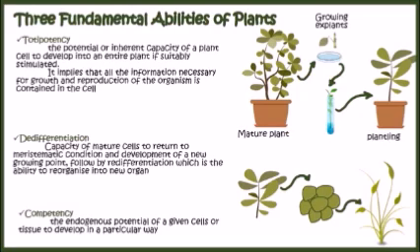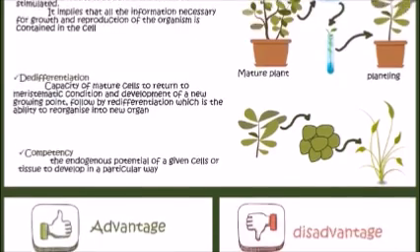So it's kind of like a genetic program which is inbuilt and which is guiding the cells to grow into a particular fate. So these three factors are absolutely essential for plant tissue culture.